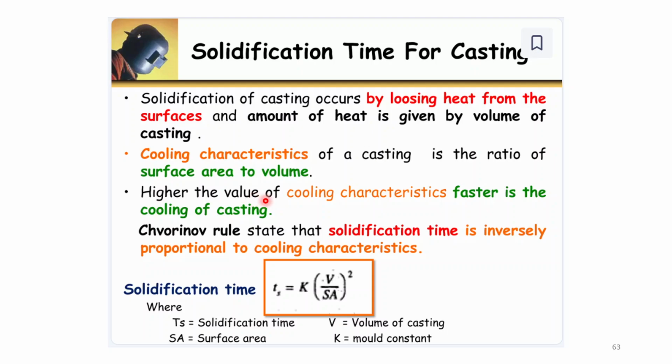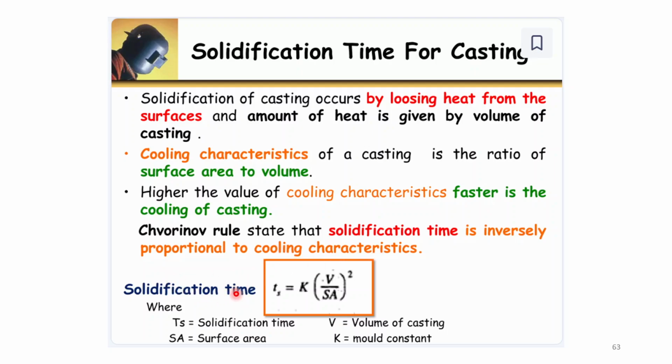Okay, so the higher the value of the cooling characteristic, the faster is the cooling of the casting. And this rule states that solidification time is inversely proportional to the cooling characteristic.